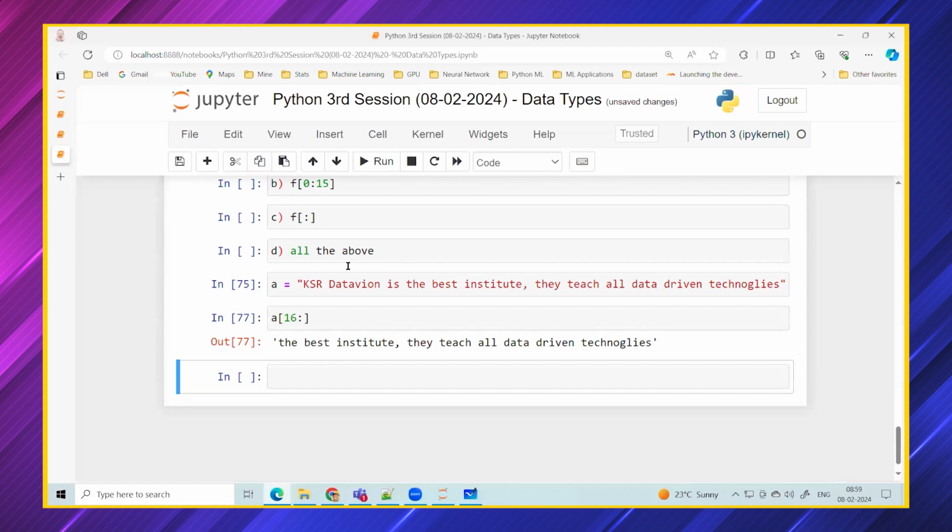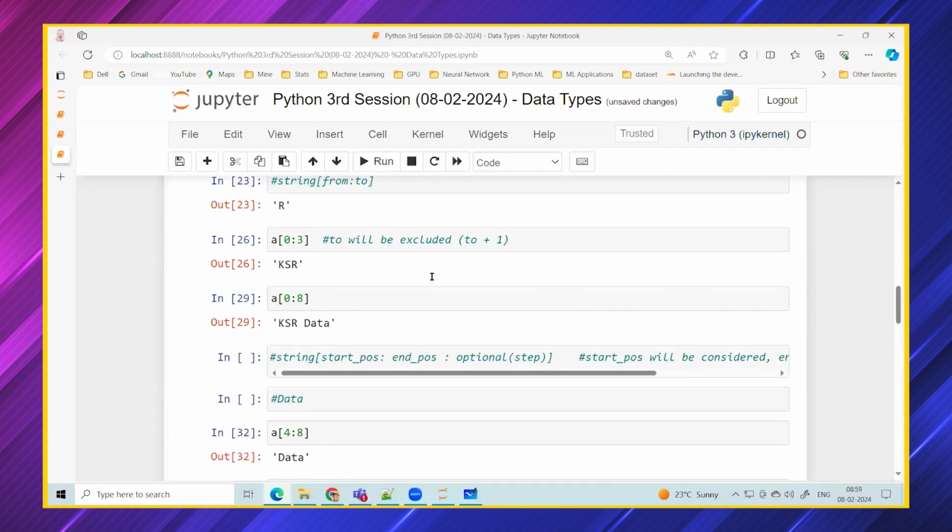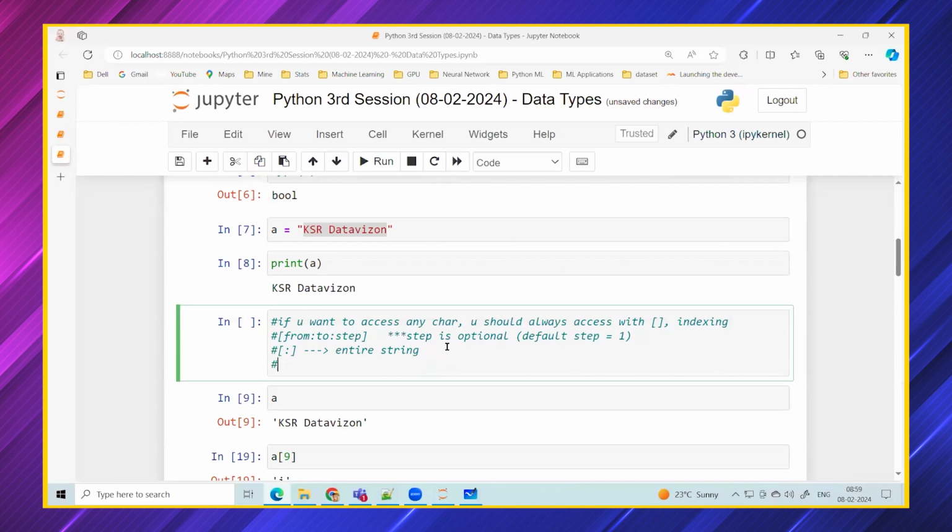Let's go back and rewrite it again. If it is from nothing, that means it will take characters from the first position and go till the end. Is it clear? Yes. Are we good? Yes, sir.